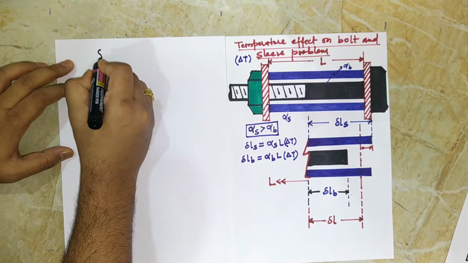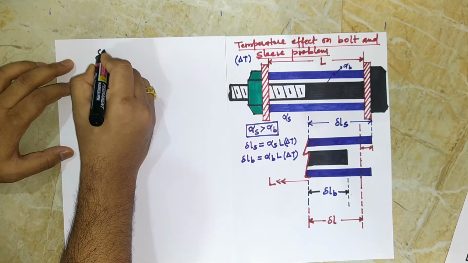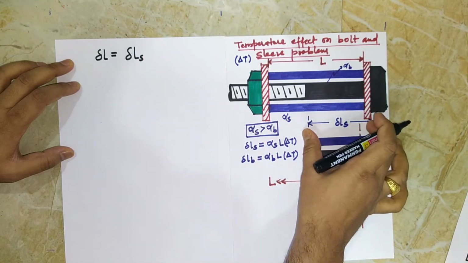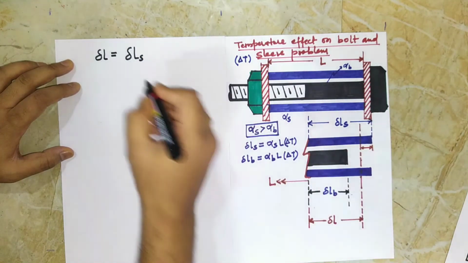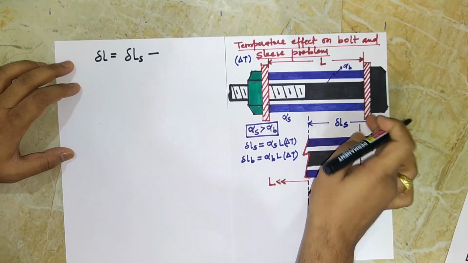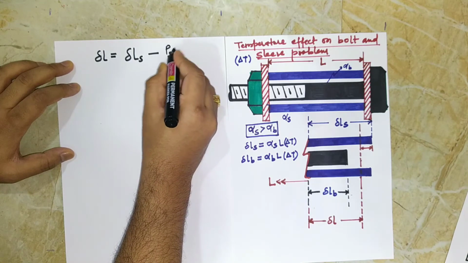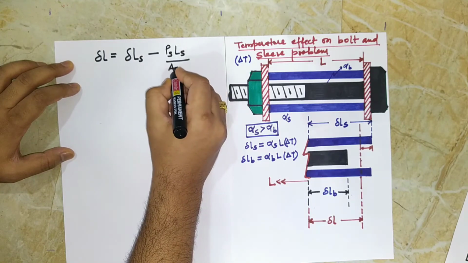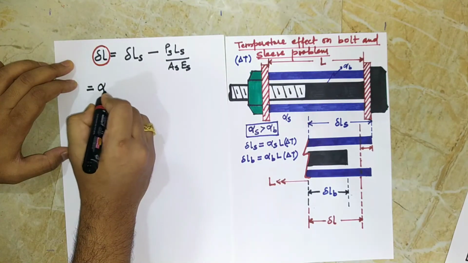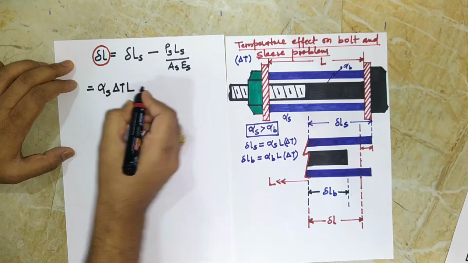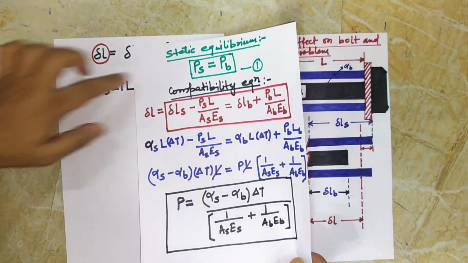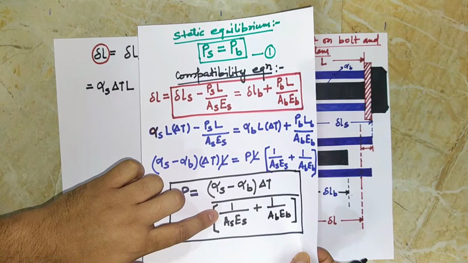So this delta, or change in length, can be written as del LS, that is, change in length of sleeve due to free thermal expansion, minus the change in length due to compression applied by this stopper, that is PS LS upon AS ES. Del LS can be written as alpha S del T into L minus, now this P we already know, PS is equal to PB is equal to P, and the formula for P we have already derived.